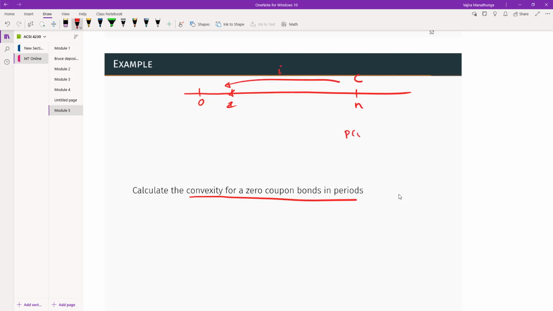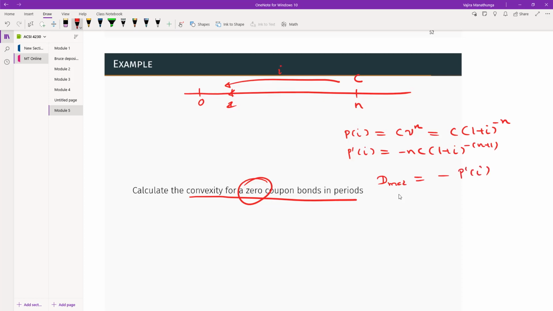So the price under rate i is what? C times v to the n, because it's a zero coupon bond, no coupon. Then what's the first derivative? If I write this as C times (1+i) to the negative n, because we are differentiating with respect to i, the first derivative is going to be negative n C (1+i) to the negative n plus 1. So if I calculate the modified duration, that's going to be negative P prime(i) over P(i).